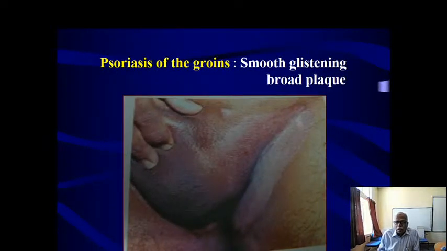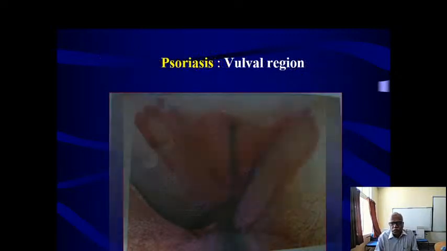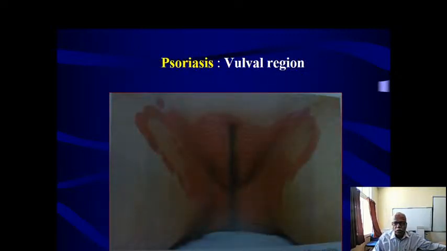So this is classical inverse psoriasis, but even if you diagnose it as candidal intertrigo there is nothing wrong, because there is maceration in the groin. Smooth, clearly demarcated. So again one more picture in the female, groin region involvement and extending onto the vulva.